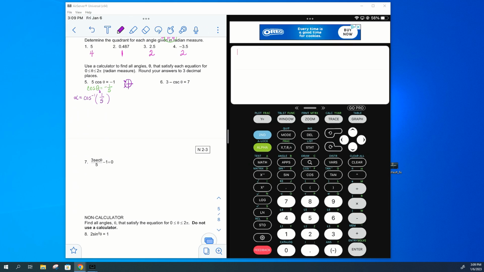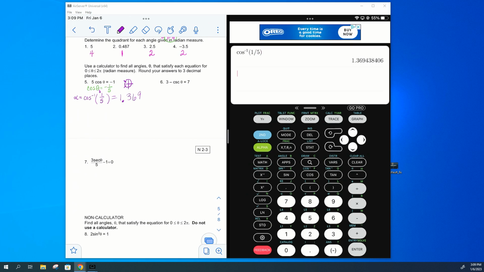All right. I am going to hit inverse cosine of 1/5. So 1 divided by 5, and the calculator gives me 1.369. Now, I'm going to be honest, I don't like to hit a lot of buttons.